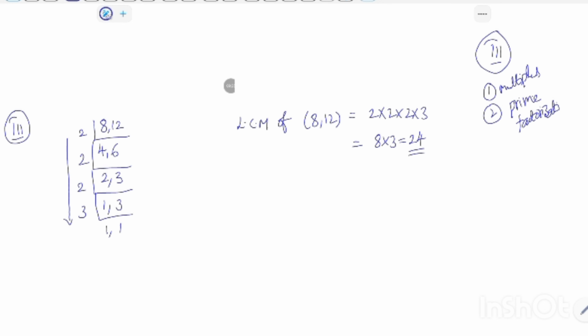In the third method, we did division, which we call synthetic division. In all three methods, we got the same value of LCM for the two numbers 8 and 12. I hope this video gave you some understanding of how to find the LCM in different ways.